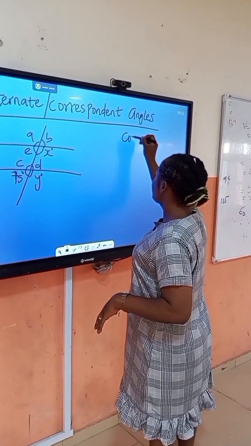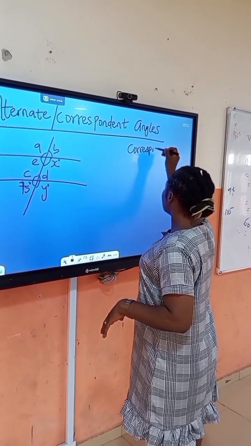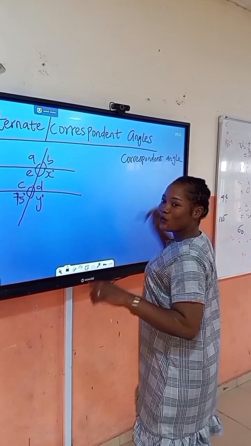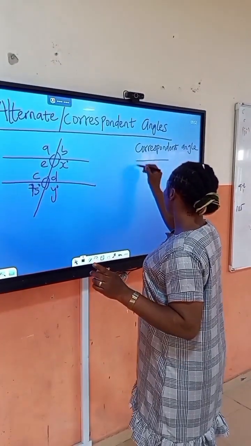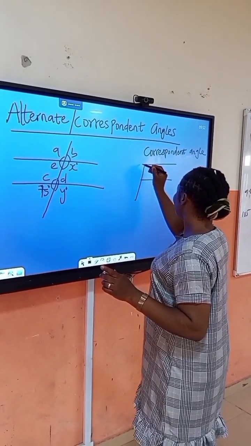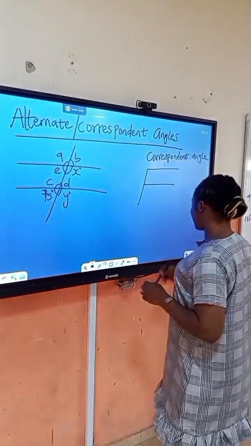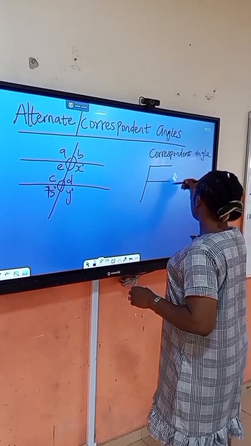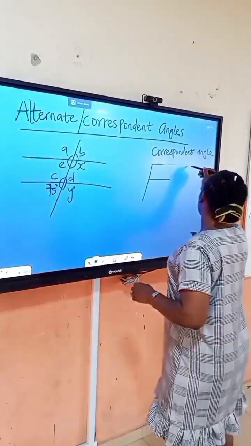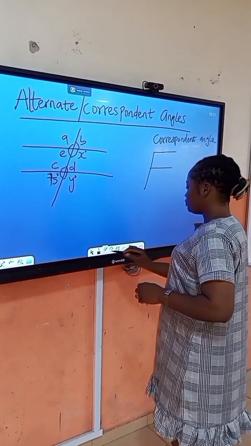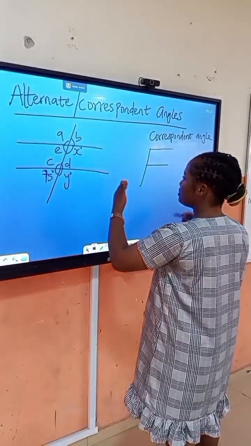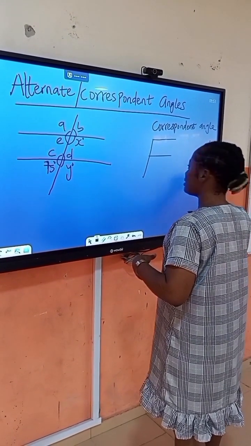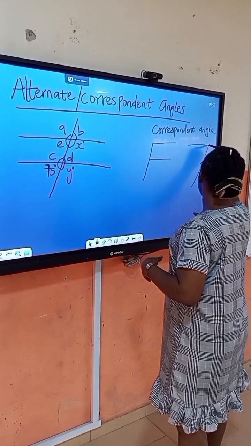For correspondent angle, we use an F. We use an F, and this F has two different orientations, let me draw it properly. This side is giving you something like this. If you can view it with me.